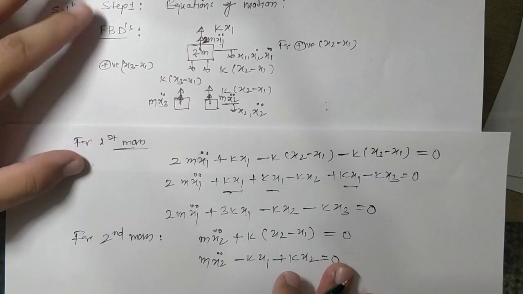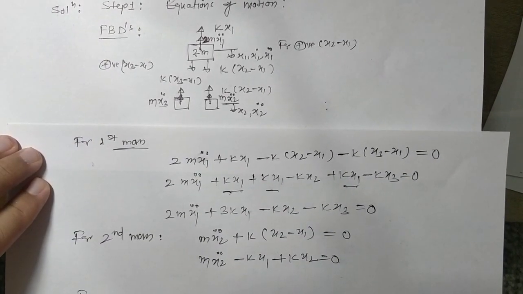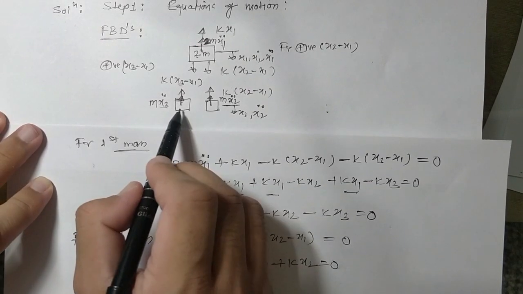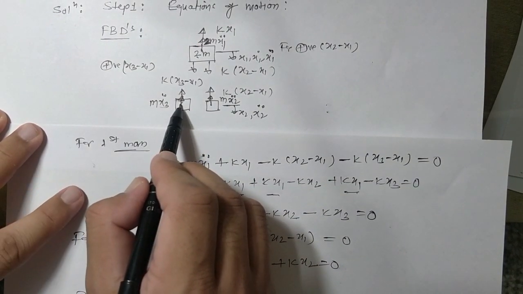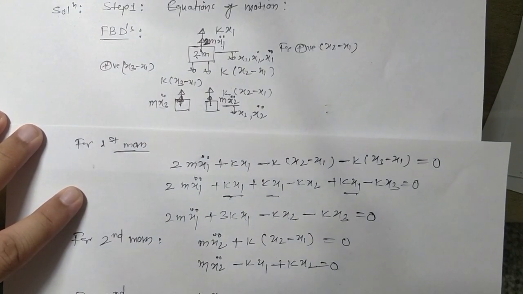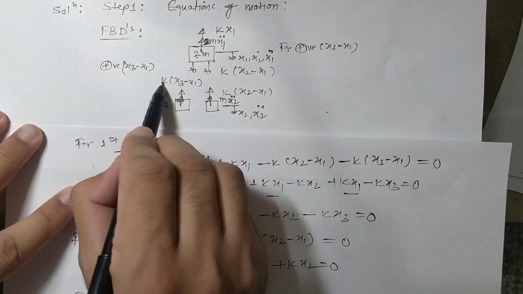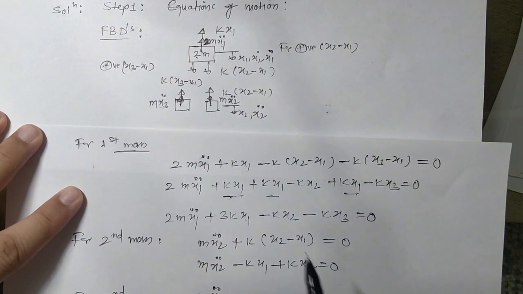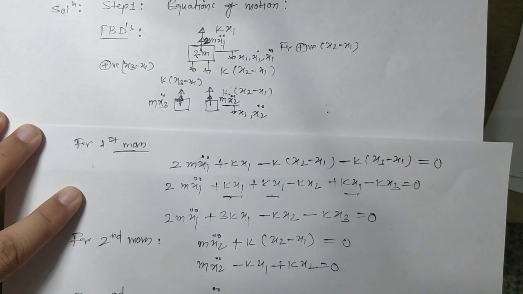Similarly for the third mass, only two forces are acting on this mass. One force is m x3 double dot and one is k times (x3 minus x1) in the positive direction, or the upward direction.